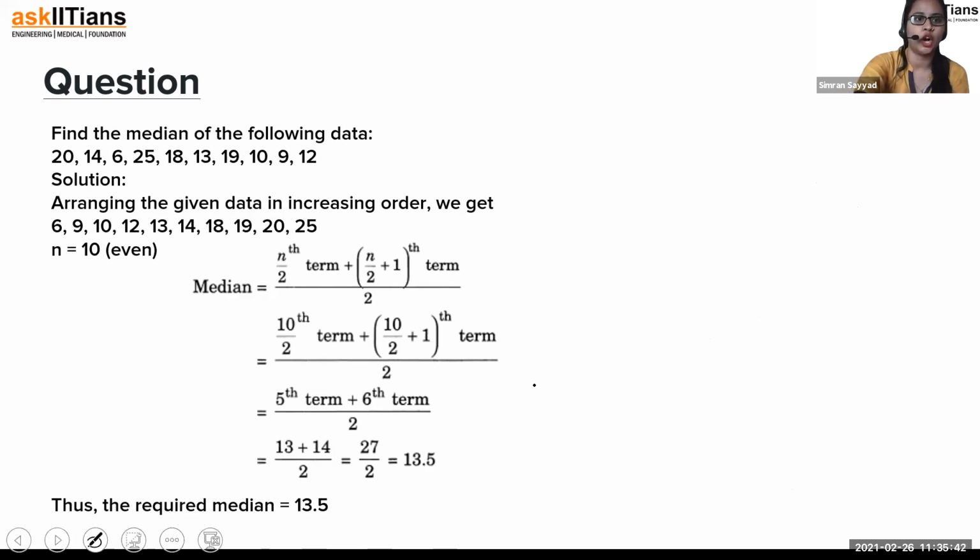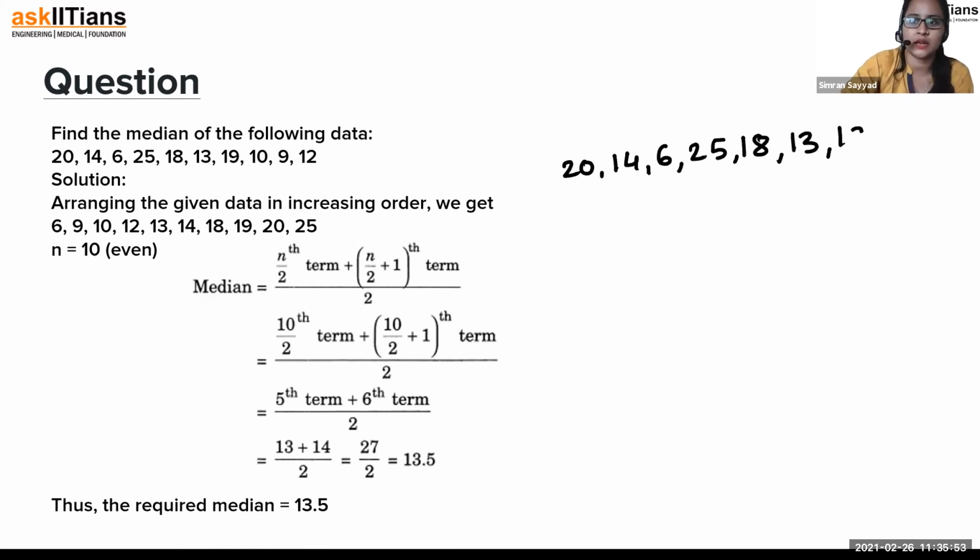Yes? Okay. Now we have another set of data: 20, 14, 6, 25, 18, 13, 19, 10, 9, 12. First of all, we have to arrange it in ascending order. So 6.